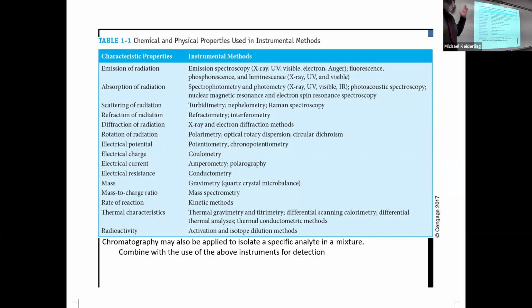Though with nuclear magnetic resonance, it's absorption of radio waves, basically. Scattering is things like turbidimetry, nephelometry and Raman spectroscopy. We will do that. You can look at refraction, so refractometry or interferometry, and diffraction, X-ray and electron diffraction methods.